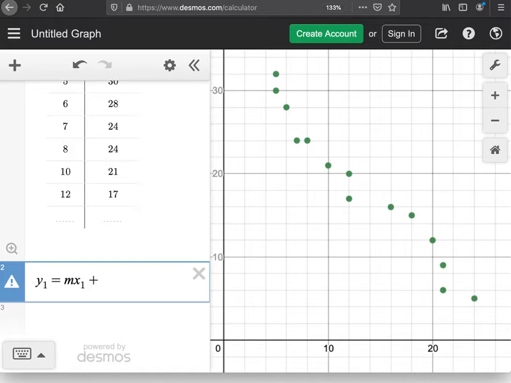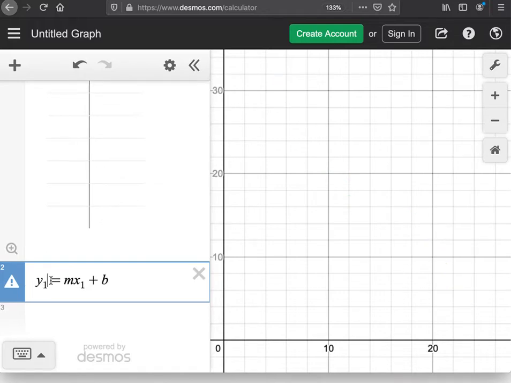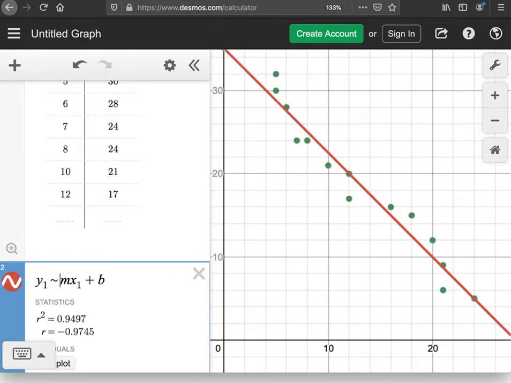Now I made one mistake here, and that is this right here has to be the tilde symbol. Now the tilde is the squiggly line. So that means it's approximately will give you this. So you can see it graphs a line, and this is called the line of best fit.